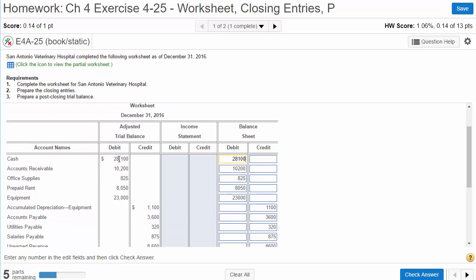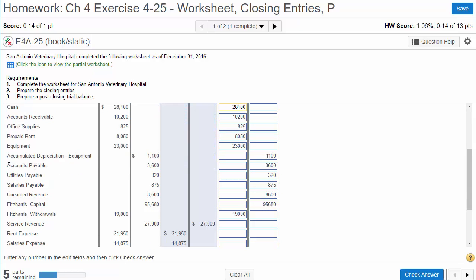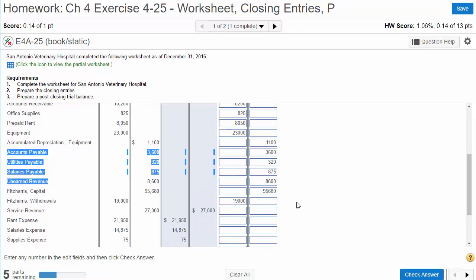So what I've done is I've moved the assets and the contra asset over to the balance sheet columns because they go in the balance sheet. I've moved these liabilities from AP down to unearned revenue. These are all liabilities. I've moved those over. And then the capital and the draw are also going to be moved over.